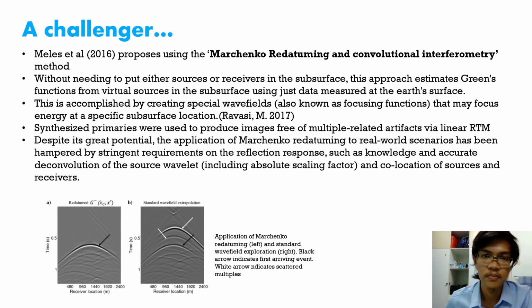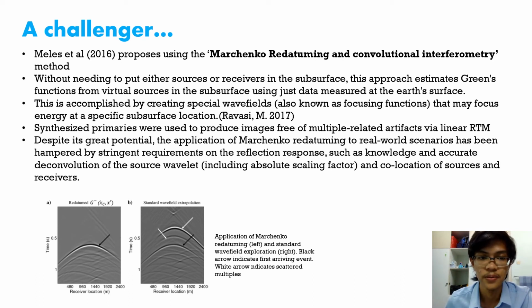Another method brought forth by Aliff to challenge the usage of model-based redatuming is using Marchenko redatuming and the convolutional interferometry method. In this method, without needing to put either sources or receivers in the subsurface, it uses estimates of Green's function from virtual sources in the subsurface, using just data measured at the Earth's surface.